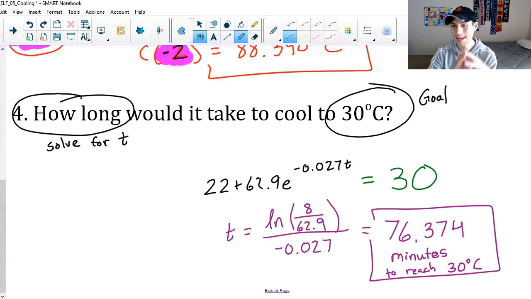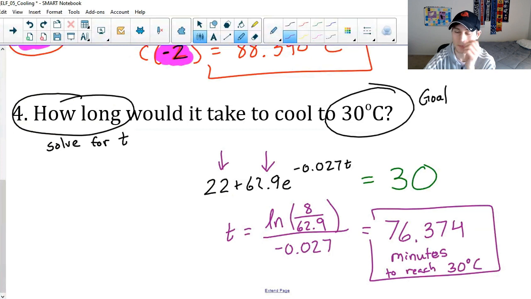Okay, so it's the same solving process that we used in the past 2 days of our exponential growth and decay. The only difference now is it's a slightly different equation where first there's the temperature of the room or area added in front. And then this part, instead of just being the initial amount, it's the initial amount minus the surrounding area.